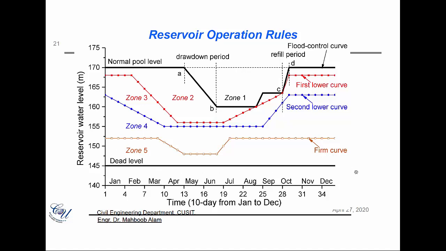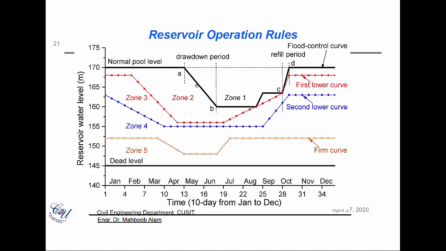If this is my dead level, then I ensure that in March I have to have this much water available to me in zone 5, and also this much water if I am in zone 4, and similarly in other areas.